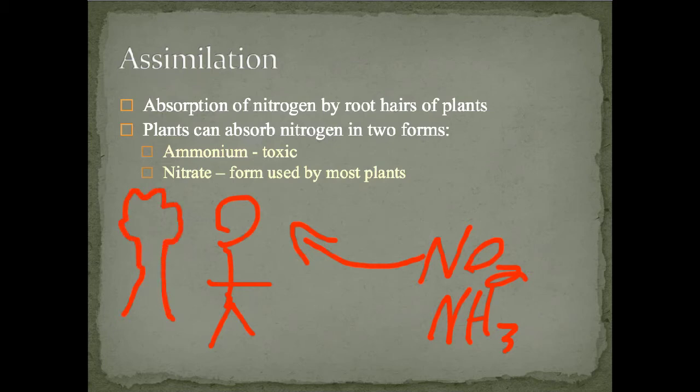Assimilation happens when plants absorb the nitrogen, and then that enters the food chain. Nitrogen is an abundant element in our DNA and in our proteins. So assimilation is where it's assimilated into living things, into our DNA or protein.